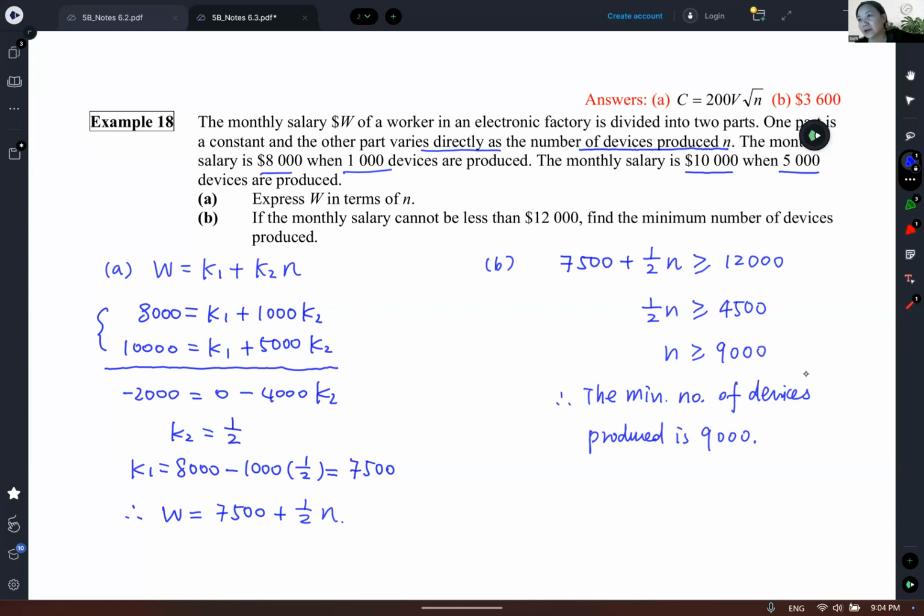But with an inequality, because n is greater than or equal to 9,000, you can see the minimum is 9,000. But when you have n equal to 9,000, you must really explain why it isn't 8,000. You know what I mean? Moving on.